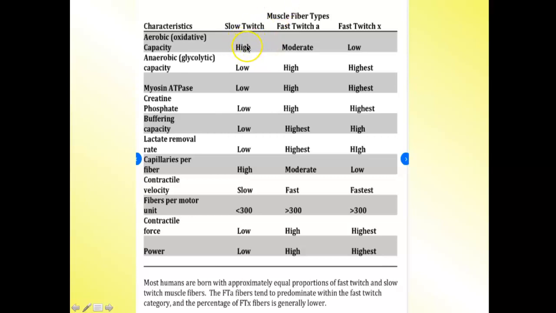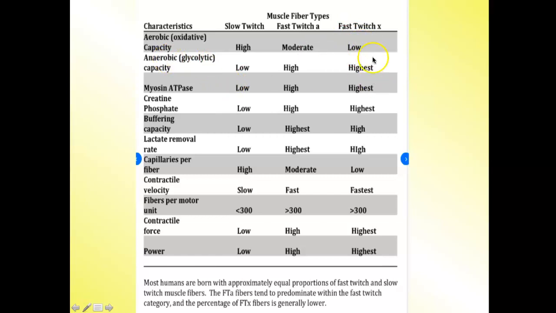Then you can see that the oxygen use goes down with fast. So fast intermediate, those fast oxidative, use oxygen but moderately, and then your fast twitch has low oxygen usage. And actually, if you look at your notes, they tend to be anaerobic, so they sometimes don't even use oxygen.